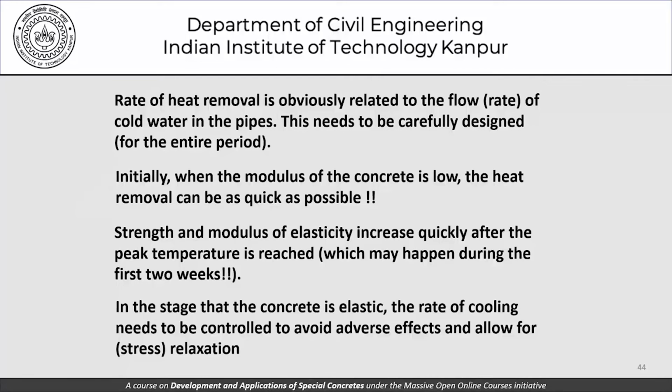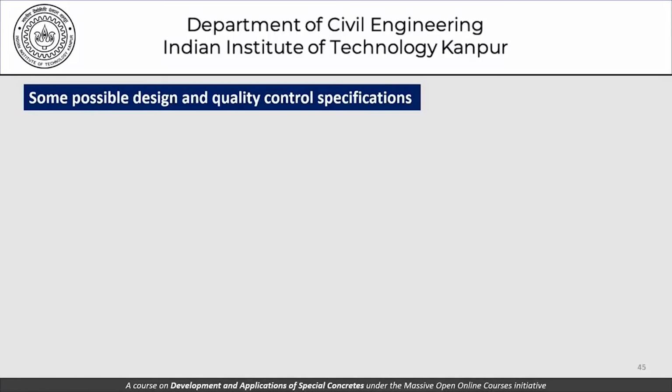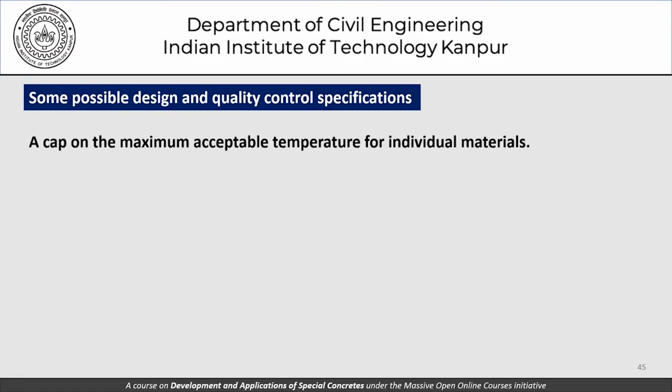These are some of the things which are given in specifications or in documents which prescribe certain procedures that can be followed. Some possible design and quality control specifications relating to mass concretes, or situations when we are handling this heat of hydration, could be a cap on the maximum acceptable temperature for individual materials, a cap on the maximum placing temperature of concrete.